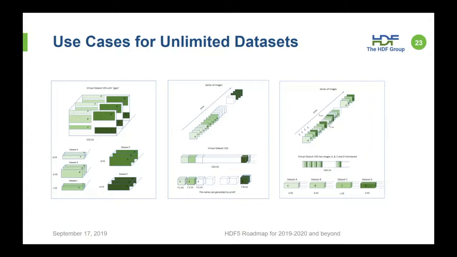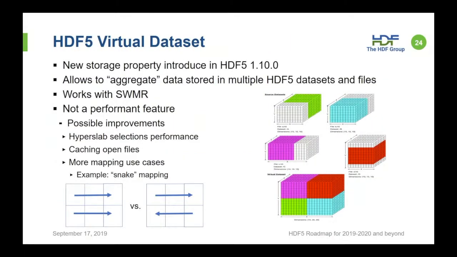Those are the 4 major cases that are now addressed, and the question is for people who use it now, because I know some detectors use it: what are the limitations? We know that, once again, the first implementation was not performing well. Some performance improvements may come from our better selection algorithms and caching open source files.